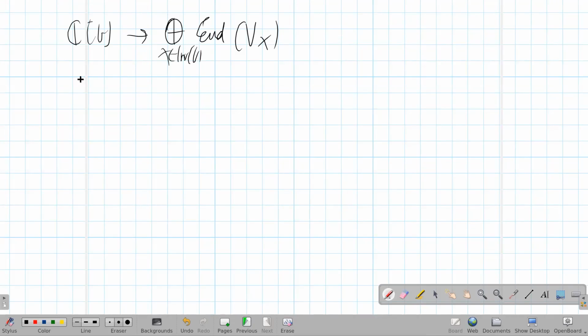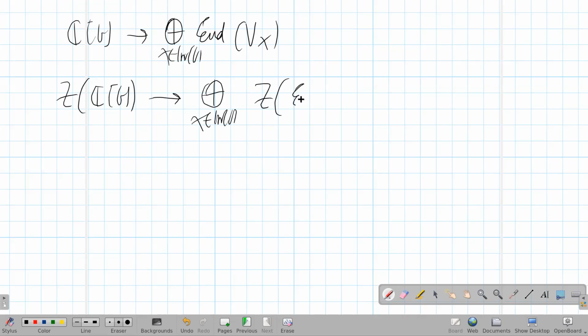And this applies in particular to the center, because we are talking about elements in the center. Recall, this goes into the sum over chi of the irreducible characters of the centers of these. We remember this is a matrix ring, and so this is made of scalar matrices.